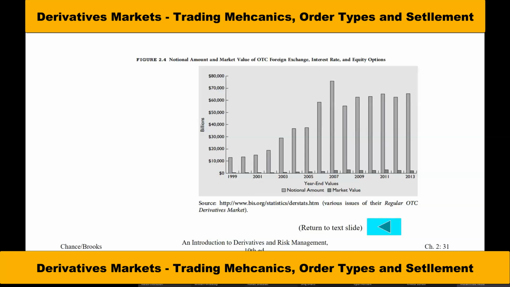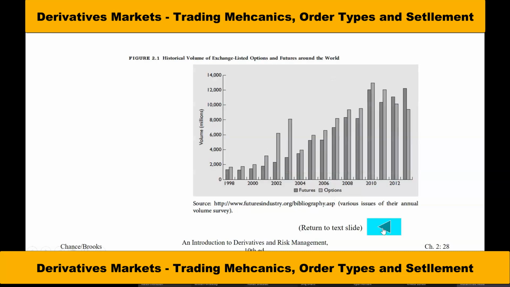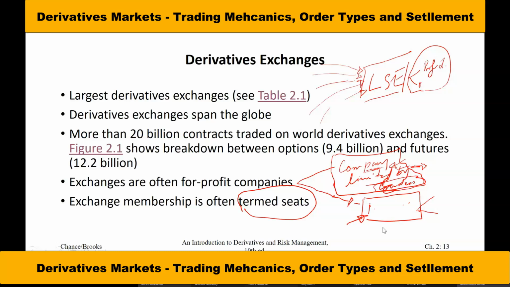And then there are the equity options, the interest rate options, and the foreign exchange options in the OTC market. In 2013, the notional value was around 80 trillion. So you can see that options are a relatively smaller OTC market compared to forwards and swaps. Swaps are really big in terms of numbers when it comes to the OTC derivative market.